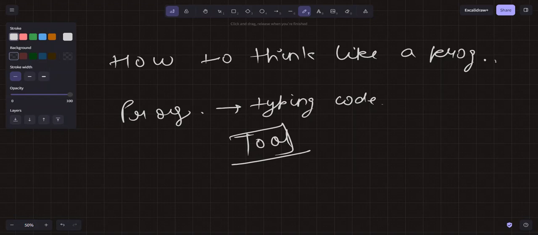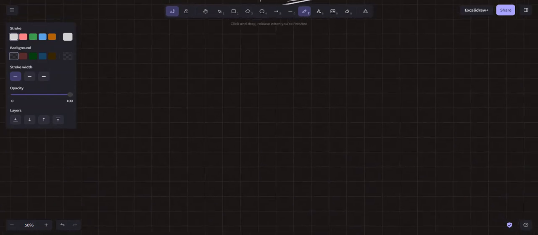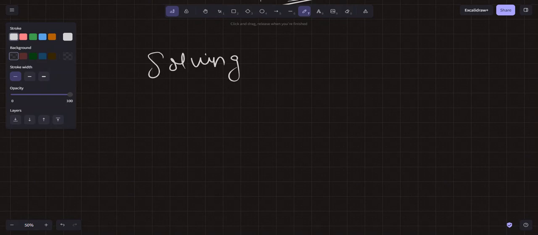So what does programming mean? It is solving a problem. Every problem can be broken into three simple parts. What are these?